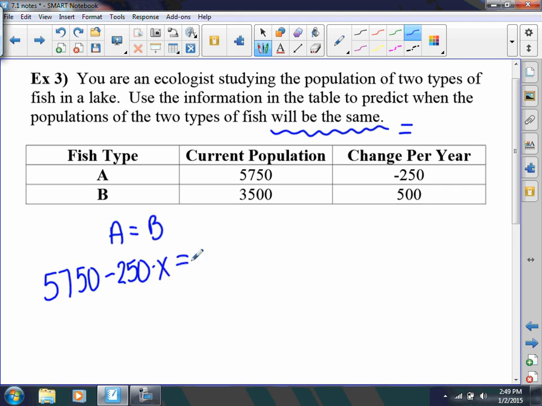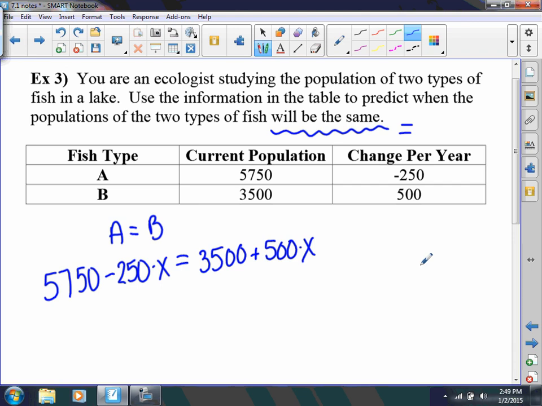And then fish B has a smaller population to start, but they're growing. They're gaining 500 per year. So I'm going to substitute in the 3,500 plus the 500 per year, so 500 times x. So there's my linear equation that I'll be able to solve now.